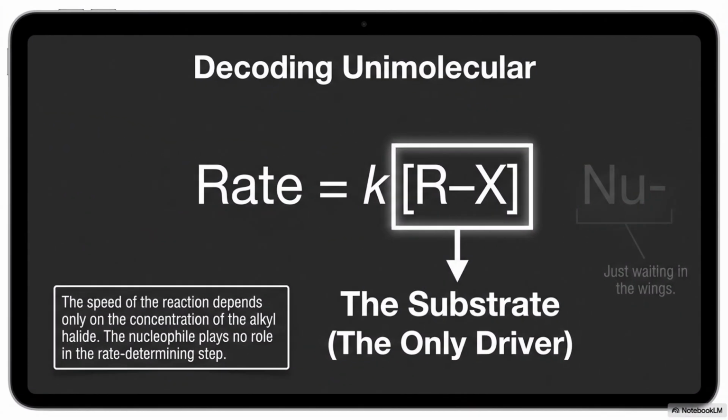Unimolecular means the rate of the reaction depends only on the concentration of one substrate molecule, that is the halide. It does not depend upon the concentration of the nucleophile. The speed of the reaction depends only on the concentration of the alkyl halide, and the nucleophile plays no role in the rate determining step. It is just waiting in the wings.